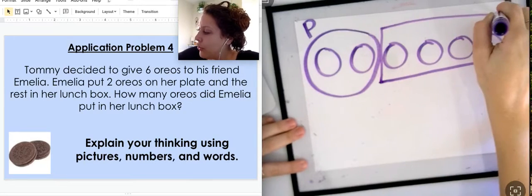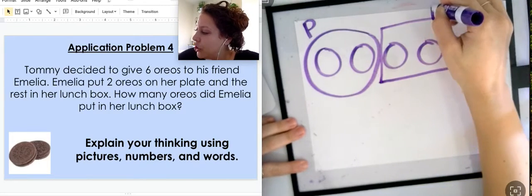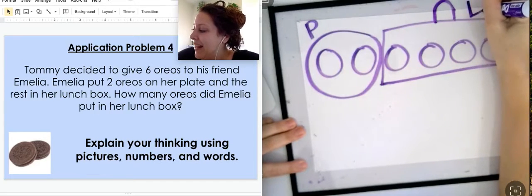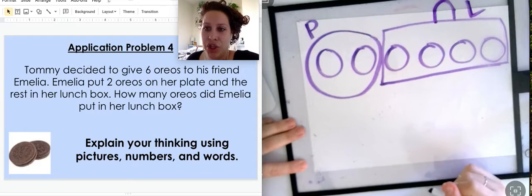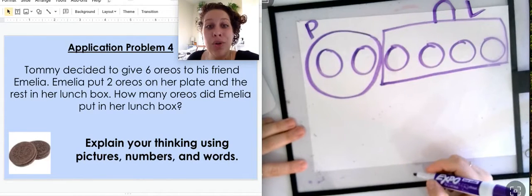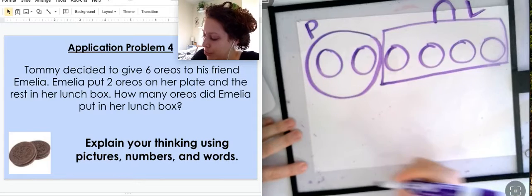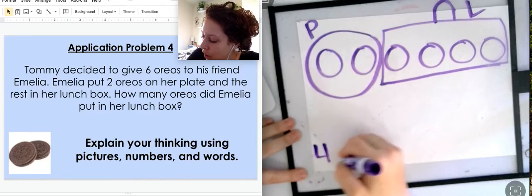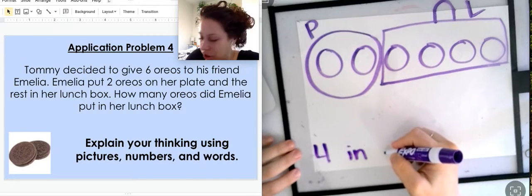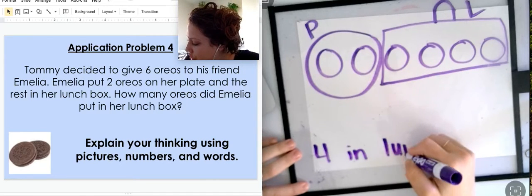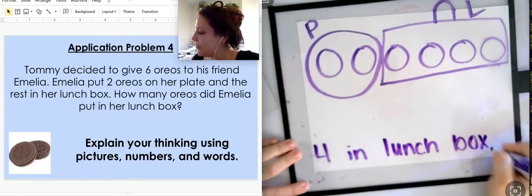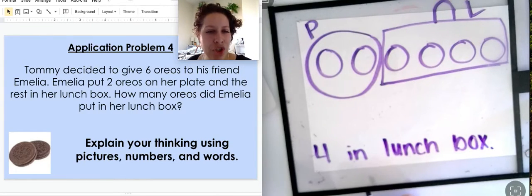So I'm going to draw the rest of them in her lunchbox, and I'm going to make an L for lunchbox. I can tell that there's 4 Oreos in her lunchbox. 4 in, and I'm just going to copy from the screen. Lunchbox. All right, so let me check.